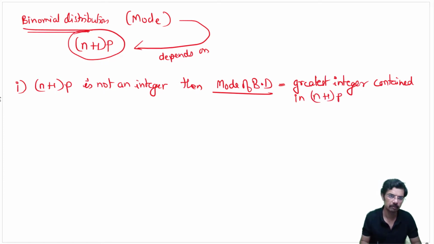For example, if (n plus 1) into p is say 7.3, then the greatest integer contained in it will be 7. We discard the decimal part. That is what we do here.